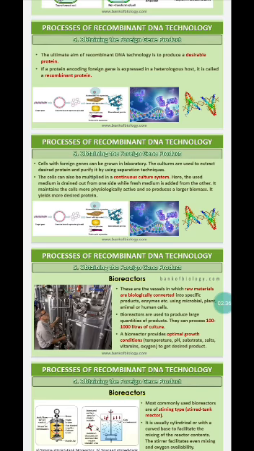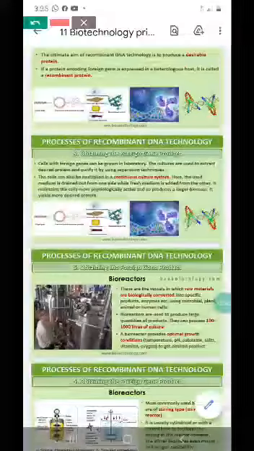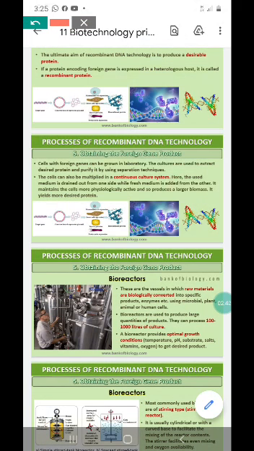So cells with foreign genes can be grown in the laboratory. The cultures are used to extract the desired protein and purify it by using separation techniques. The cells can also be multiplied in a continuous culture system.